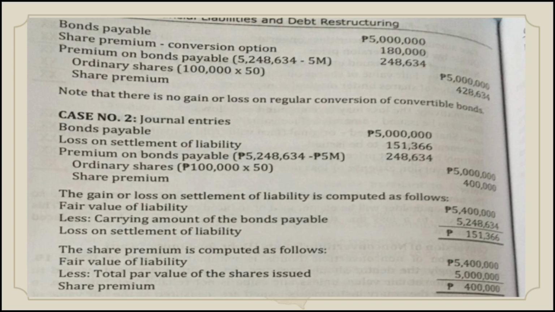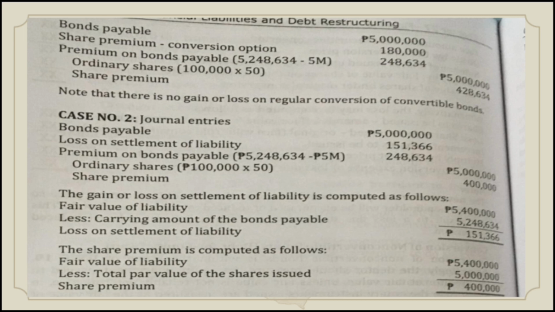So, here in the problem the fair value of the liability is 5,400,000. As stated in the problem, the fair value of the bonds on the date of retirement is 5,400,000.